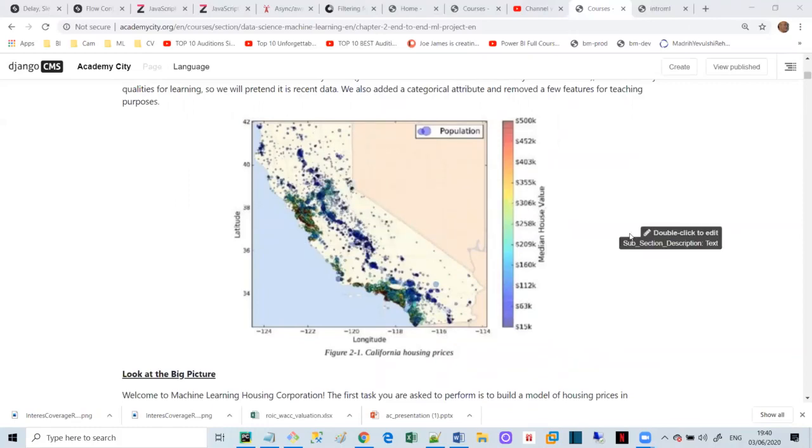But defining the problem, we want to understand what leads to higher prices of houses in different districts. So every dot here is like a district in California, and we would like to understand what leads those prices, why.